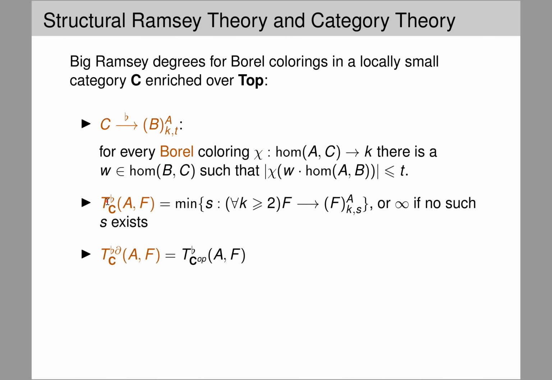So the big Ramsey degree with respect to Borel colorings of A in F is just the least integer S such that this is the case, or infinity if no such integer exists. And the dual big Ramsey degree with respect to Borel colorings is the same thing computed in the opposite category. This is just the categorical reinterpretation of all the notions, and it's straightforward.